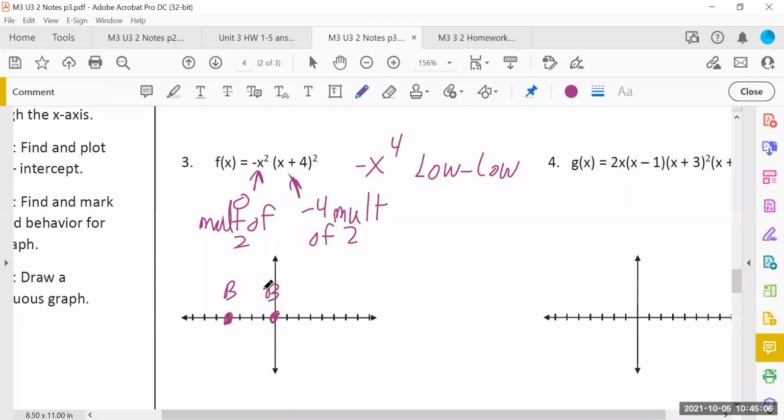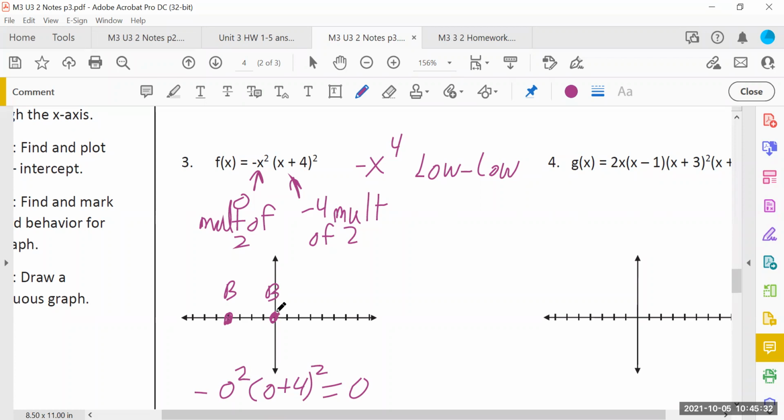My y-intercept, I put in 0, negative 0 squared times 0 plus 4 squared is all just going to be 0. And if you haven't figured it out already, if you have an x-intercept at 0, your y-intercept is also 0. If you have a y-intercept of 0, you're going to have an x-intercept of 0, because (0, 0) is both an x-intercept and a y-intercept.